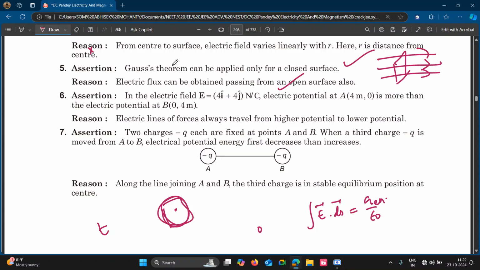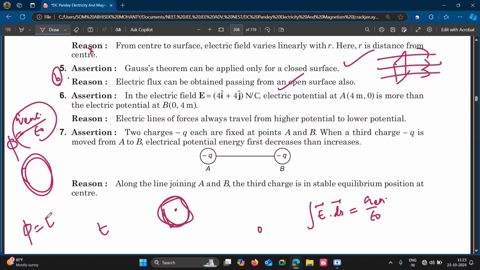So this is option B. I hope you got it. Gauss theorem will be for a closed surface, because of Q enclosed by epsilon naught, we need phi. Electric flux can be obtained passing through an open surface also, yes, because phi is also E dot A. From that we can calculate electric flux. But for that open surface, we won't be able to calculate Q enclosed by epsilon.